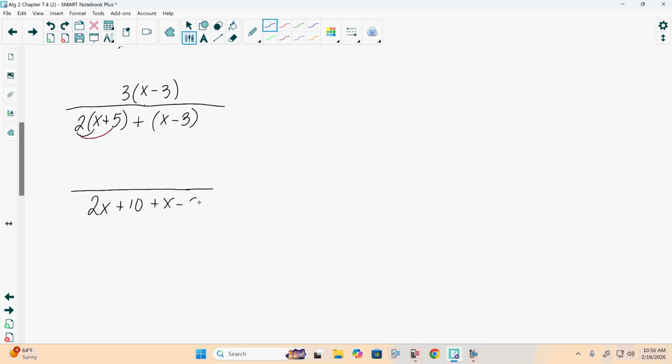Our x minus 3 is going to stay, plus x minus 3, because we're distributing a positive 1 through it. The signs aren't changing. We still get this here. And we do see at this point we have 2x and x that are going to combine. We have 10 and negative 3. They're going to have to combine. And then we're going to have to do what at the end? We're going to have to factor. See if there's a greatest common factor or different ways we can factor.